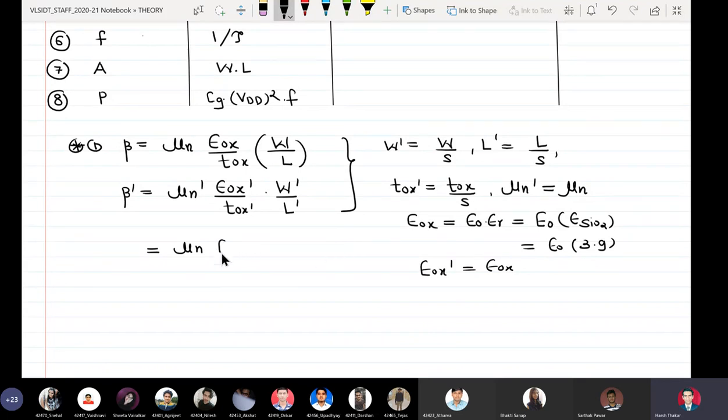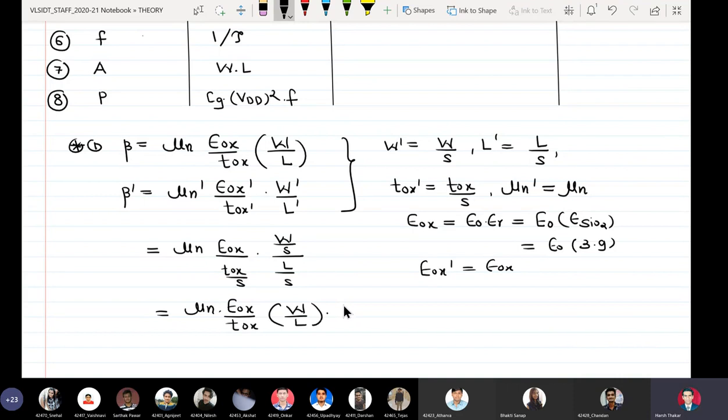So it is mu n into epsilon ox upon T ox by S into W by S upon L by S. When we rearrange the terms, we get mu n into epsilon ox upon T ox into W by L into what will it be?